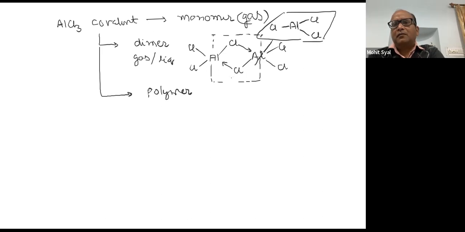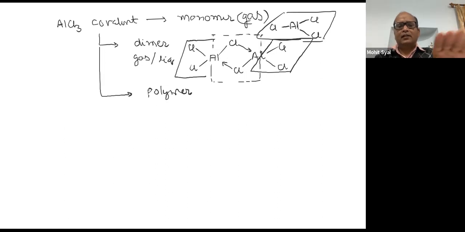So that's how they form a dimer. This is not a planar structure, right? Because in this, the aluminium is sp3 hybridized. So the chlorines on the outer side are like this in the horizontal plane, and the chlorines in the middle are in the vertical plane.